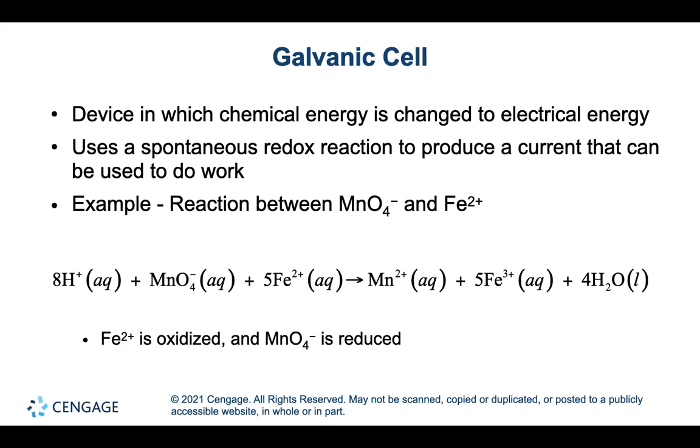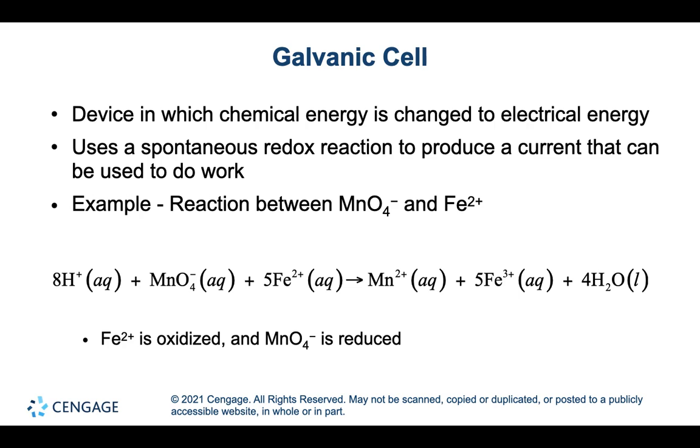So as our first example of a chemical reaction that might be able to be harnessed to do work would be this reaction between permanganate ion, MnO4-, and iron plus 2.